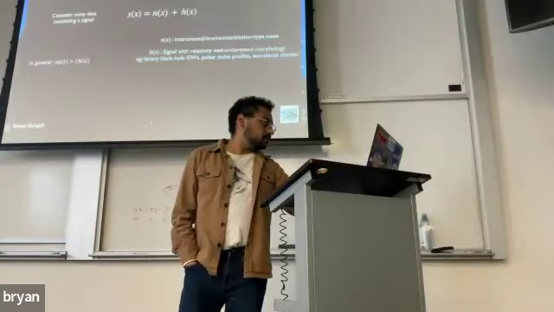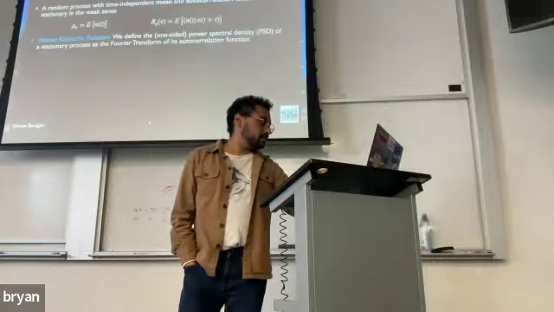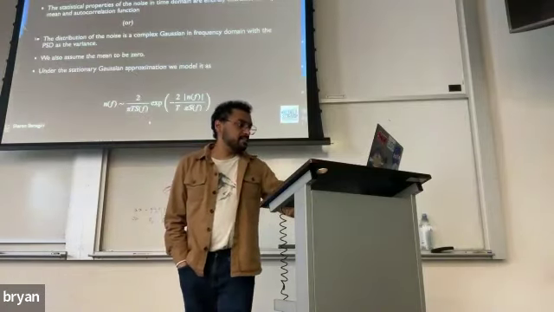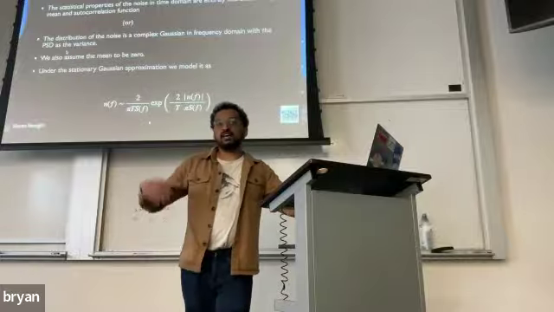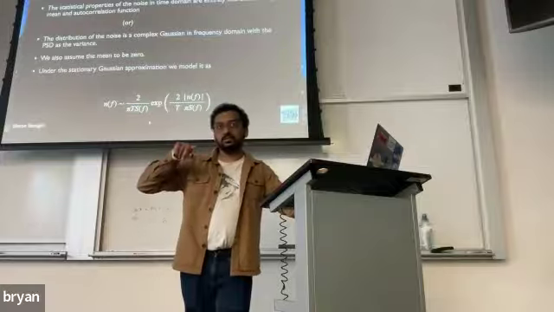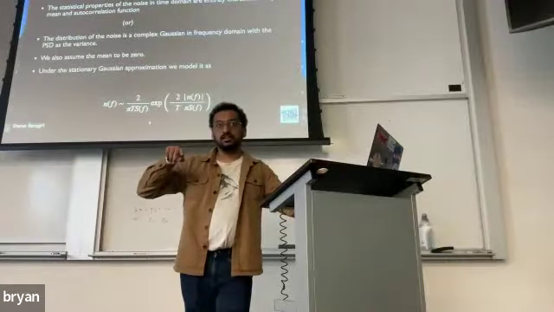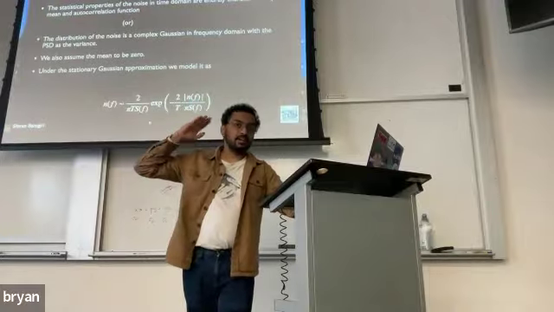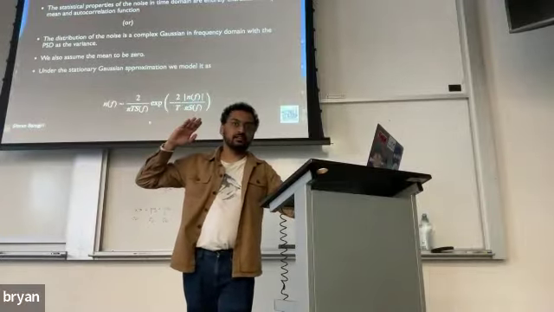Yes, it is Gaussian, which is why we call it stationary Gaussian noise. But the difference is in frequency space, it's a Gaussian with the PSD as the variance, right? Whereas in the time domain, you have an autocorrelation function, which means that the covariance in the time domain is not diagonal.